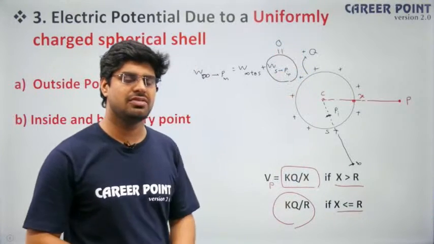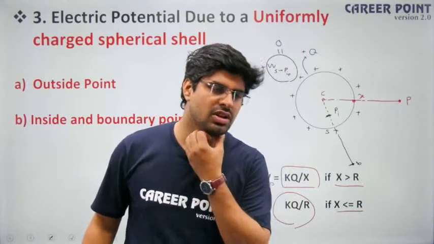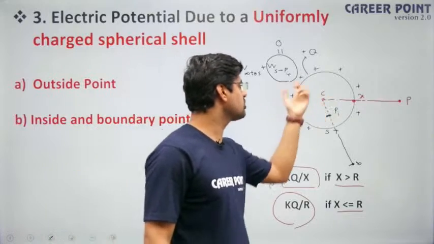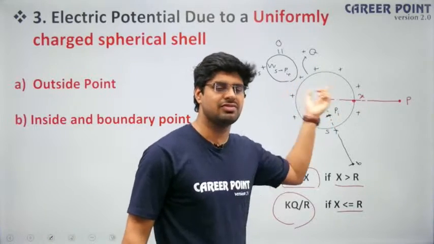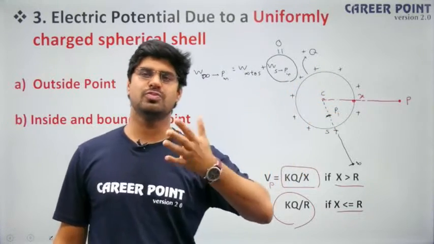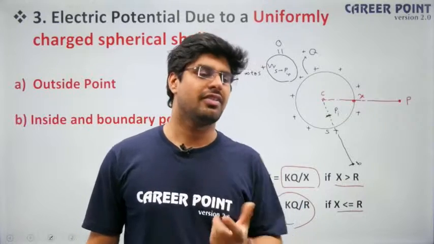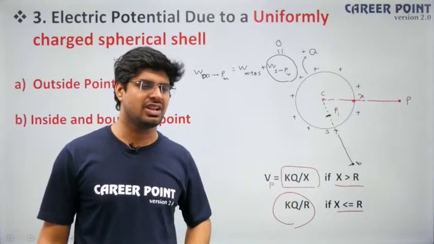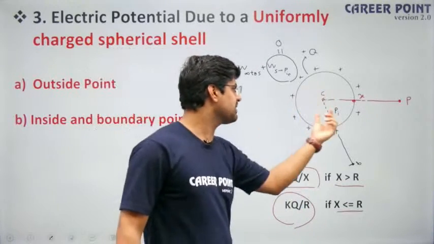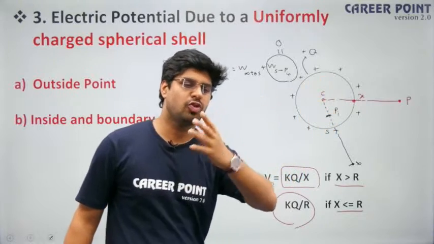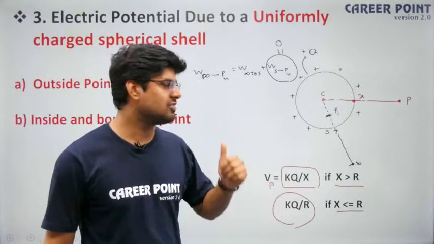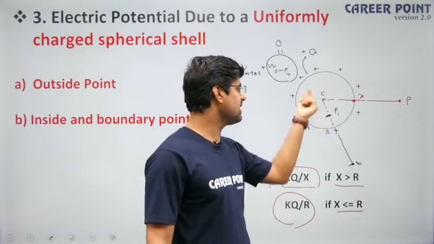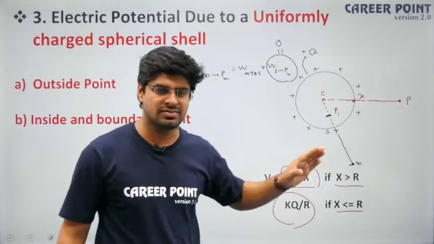Why? Because there is no force present on the inner side of this sphere, as there is no charge present inside the shell. If there is no force due to anyone inside the shell, there will be no work done.